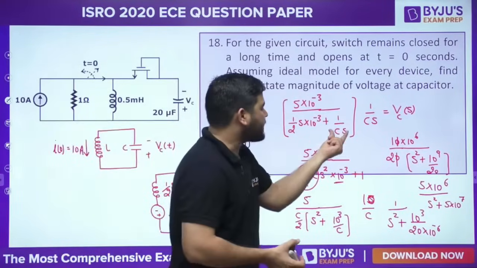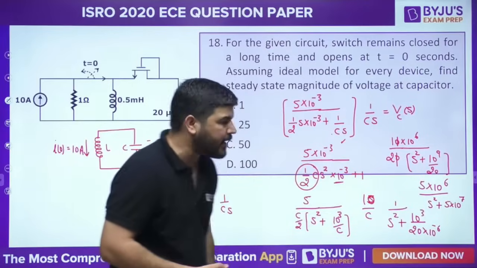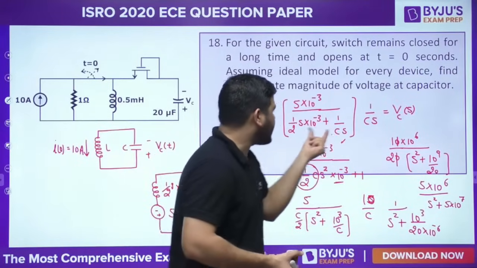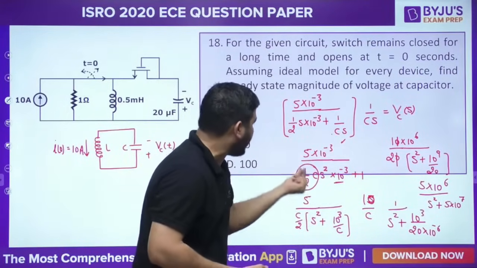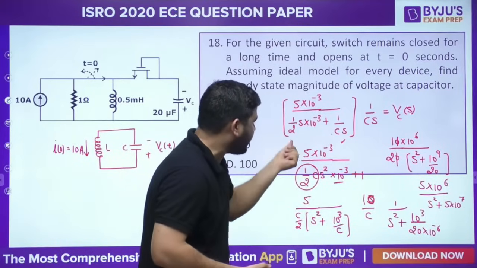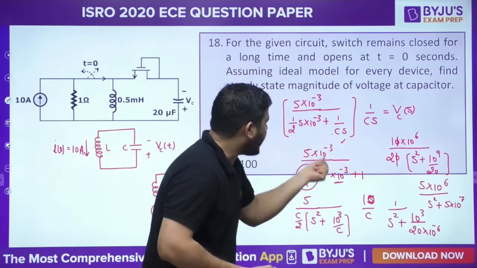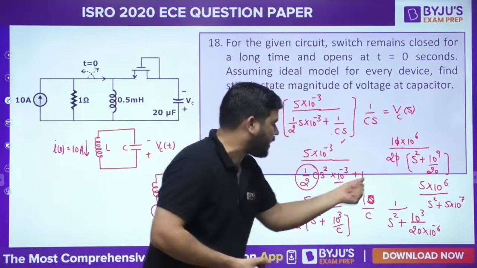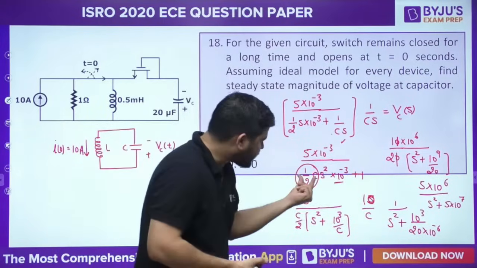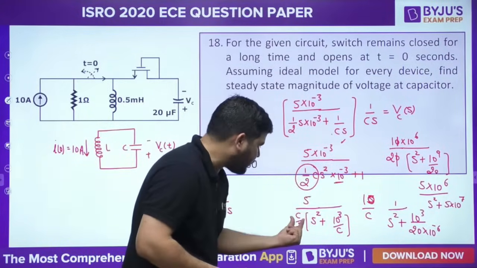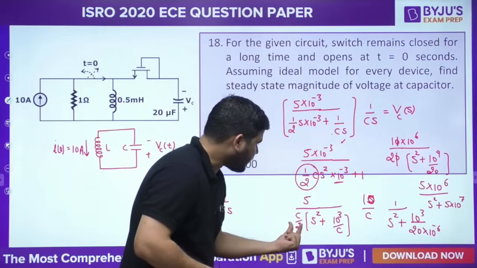Now let's simplify this. CS will go in the numerator and it will cancel, and in the denominator you will have 1 by 2 CS square into 10 to the power minus 3 plus 1 here. Now you can take 1 by 2C common.